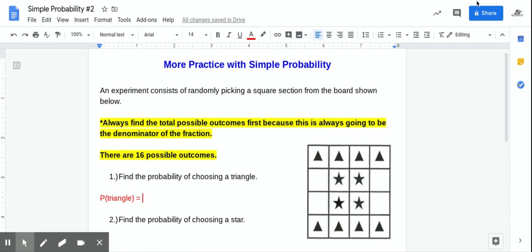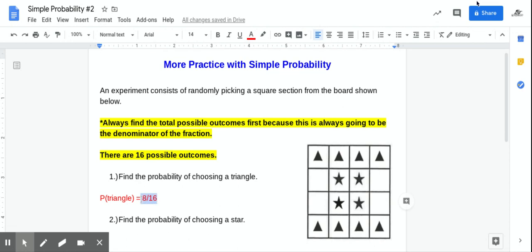So the numerator of my fraction is, how many triangles are there? My triangle count was 8, so 8 goes in my numerator. I'm drawing a slash for my fraction bar. And then my denominator is, again, the total possible outcomes, which is 16. So the probability of choosing a triangle is 8/16.